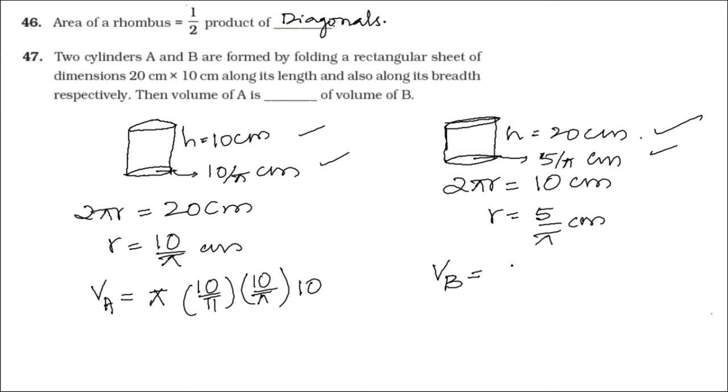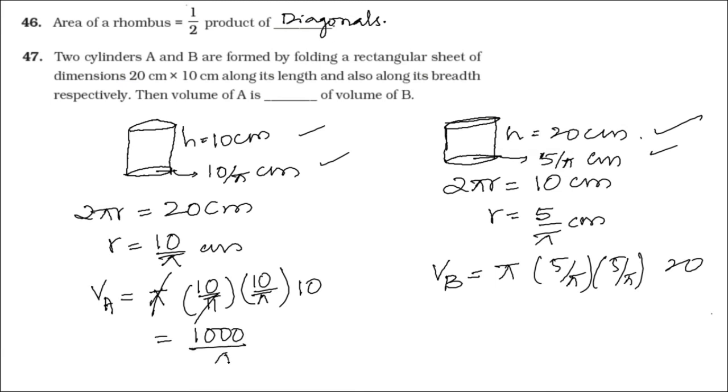Volume of the second is pi multiplied by 5 by pi multiplied by 5 by pi multiplied by 20. Here one of the pi gets cancelled. Volume of the second figure is 5 multiplied by 5 multiplied by 20.